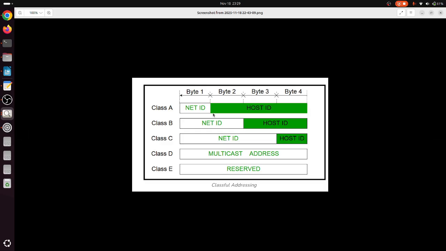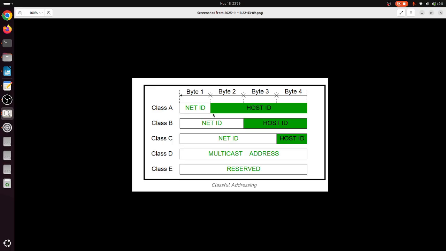One gives the information about the network ID, and the other gives the information about the host ID. At least one socket should give the information about the net ID. Normally the first part gives the network number or network ID, and the later part gives the information about the host.